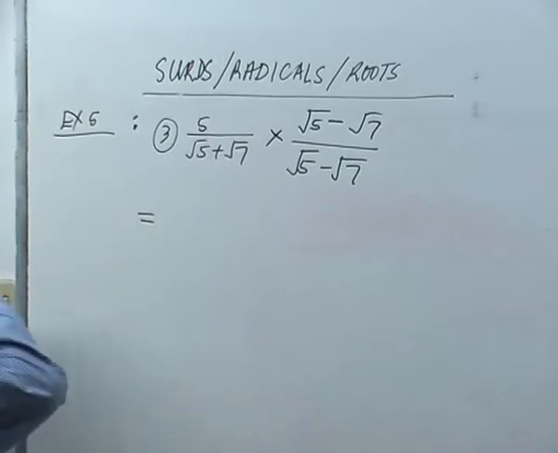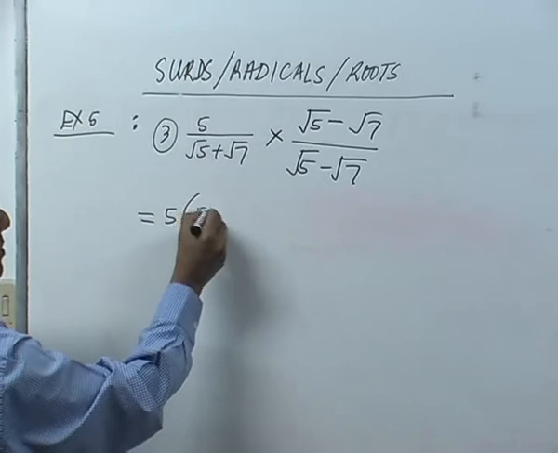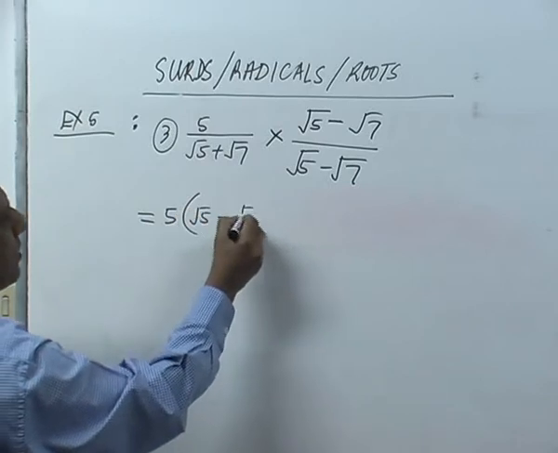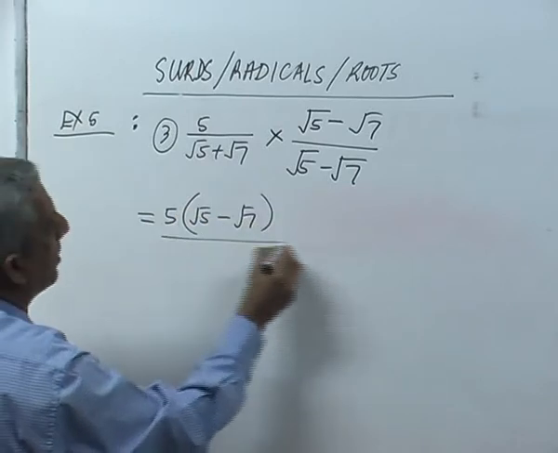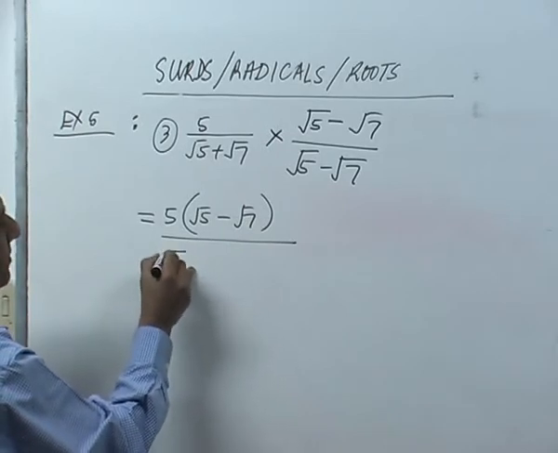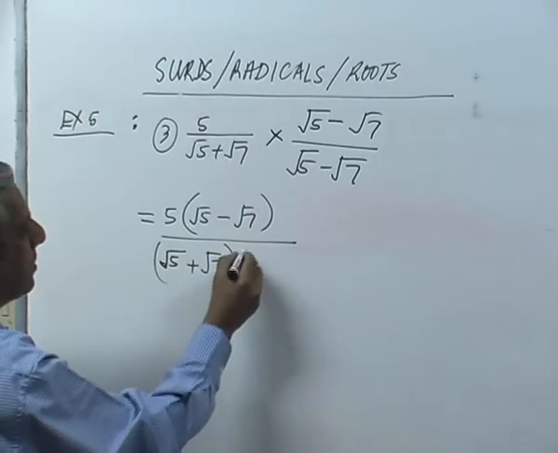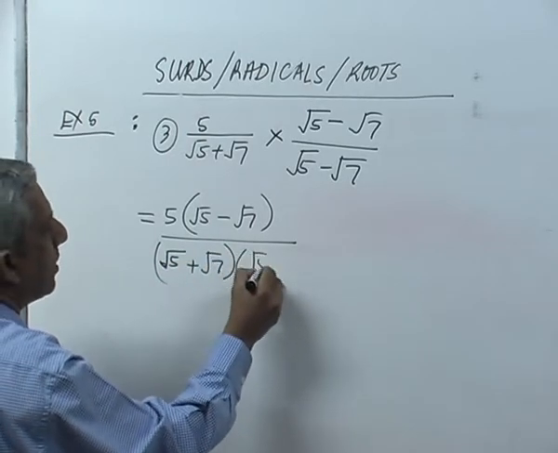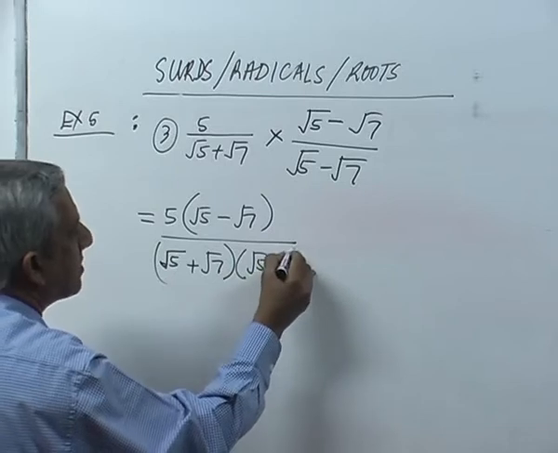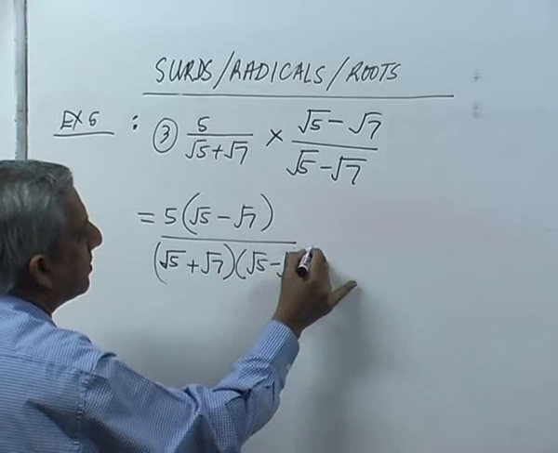Now, 5 times the numerator. 5 times square root of 5 minus square root of 7 over square root of 5 plus square root of 7 into square root of 5 minus square root of 7.